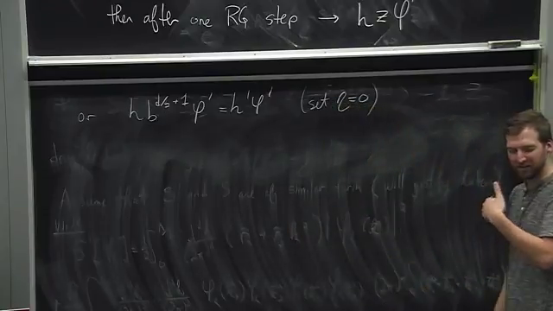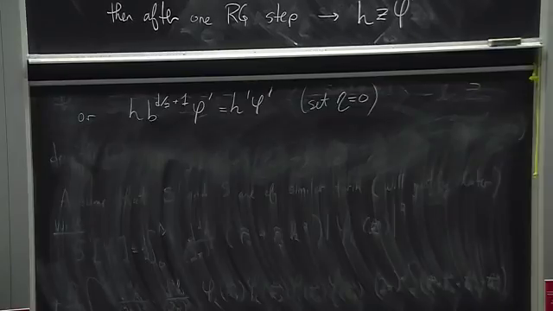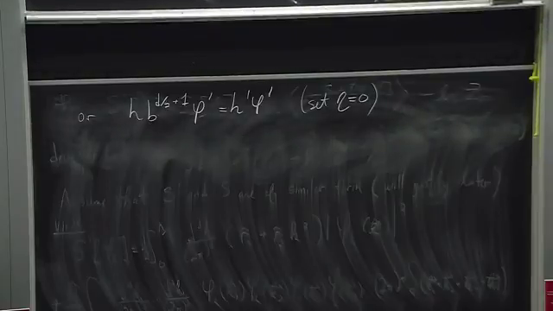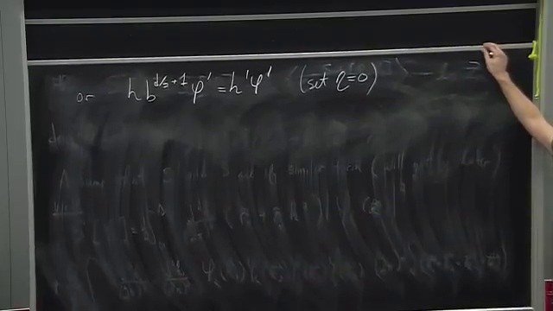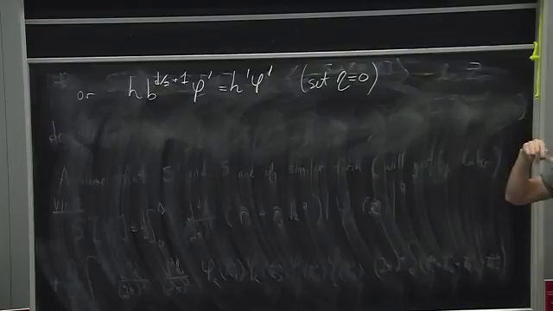That defines H prime, and I've set the anomalous dimension to 0. Is there any b to the minus d's or b to the d's coming from integrals for the field? When we were Gaussian, with this phi squared term, we had a b to the minus d. But if there's a field raised to the power p, then there's p minus 1 integrals. So that's all you get in this case.